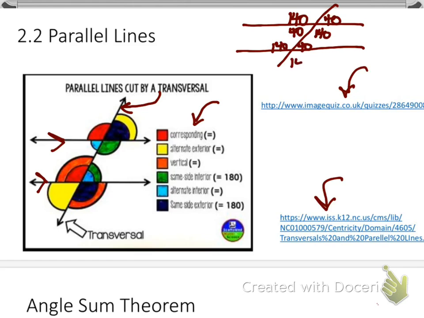Then you can go back up to verticals and fill in the rest. So usually what's going to happen is that if I give you one angle, you can find the remaining 7 angles. This is a really important topic. You need to know all these vocab words. So spend time doing this activity, check your answer, and look in the textbook for this as well.